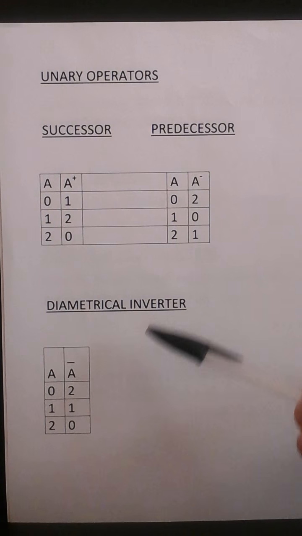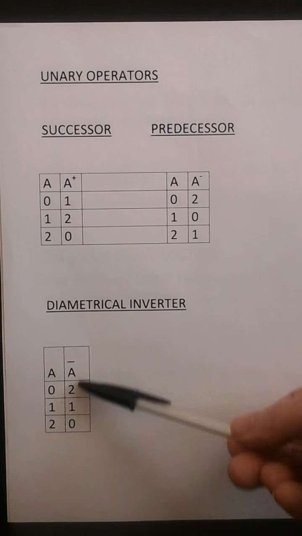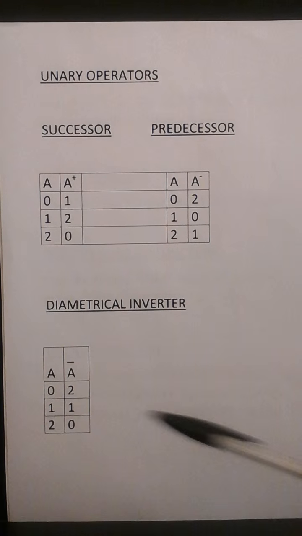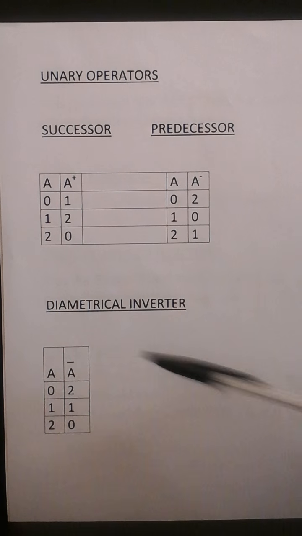The diametrical inverter, well, basically it just reverses the order of the truth table A in reverse order, and it's usually represented by a bar on the top, as I have in this case here.